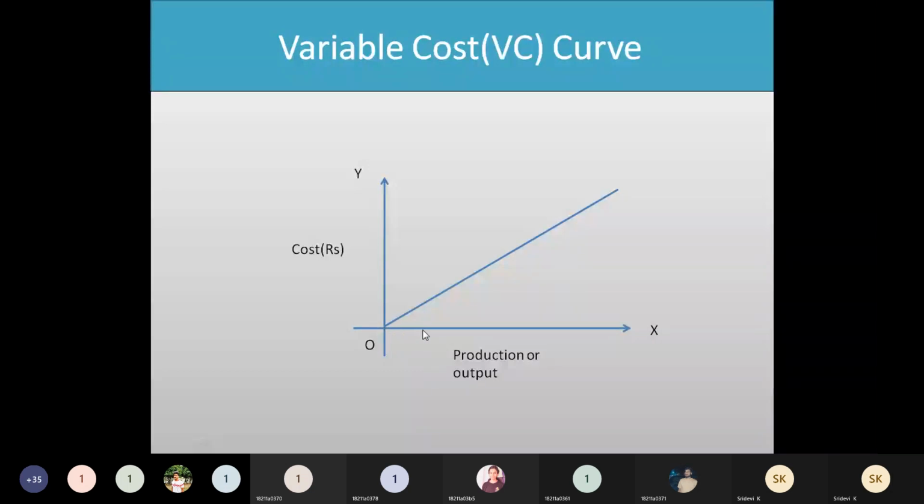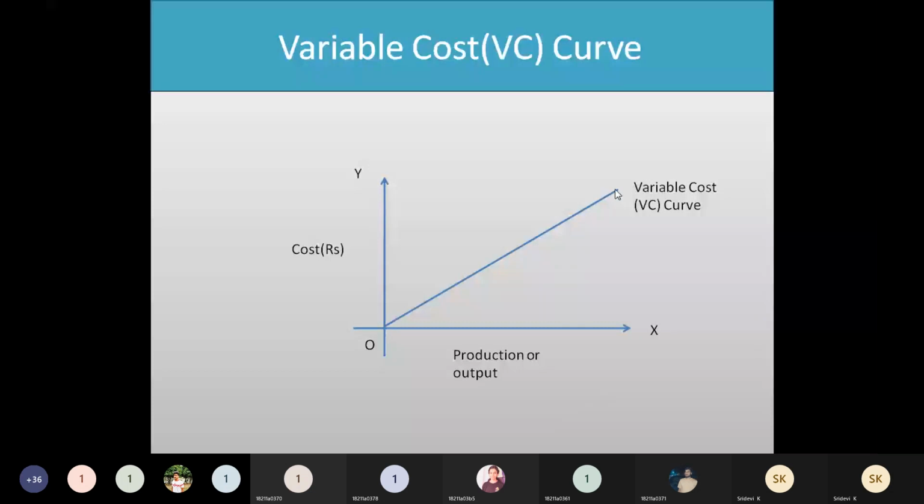So output, if it is increasing on the x-axis, variable cost also increases. So that is the reason this is flowing from left to right upwards. This is called the variable cost curve. This is how you can draw the variable cost curve.